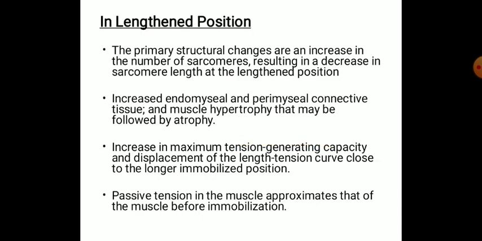And the next scenario is that we can keep our immobilization in a lengthened muscular state. That means we can go for immobilization, but the muscles will be in a lengthened position. For example, if you had some lower limb fractures or some femur fractures, then there is no need for shortened muscular immobilization, but we can actually go for a lengthened one, because we will be keeping our elbow joint or knee joint in a fully extended position to minimize this effect.